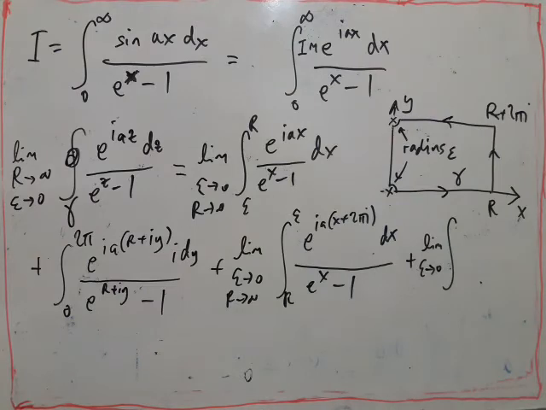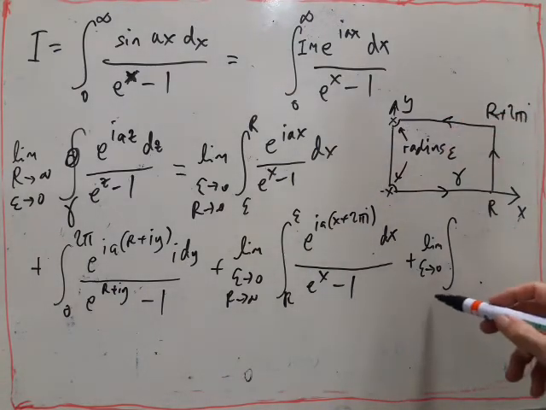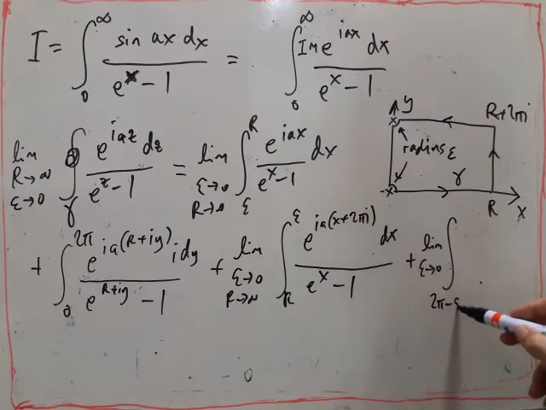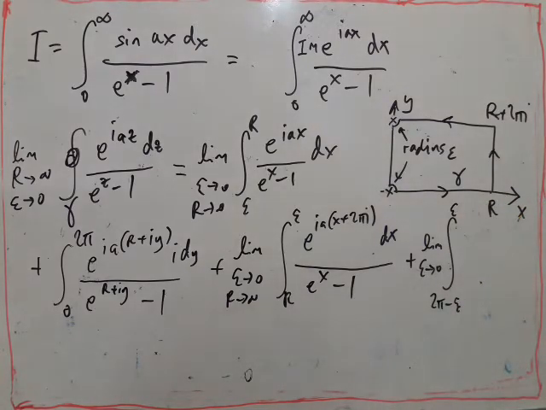So it's the integral from y equals 2 pi minus epsilon to epsilon of something similar to this.